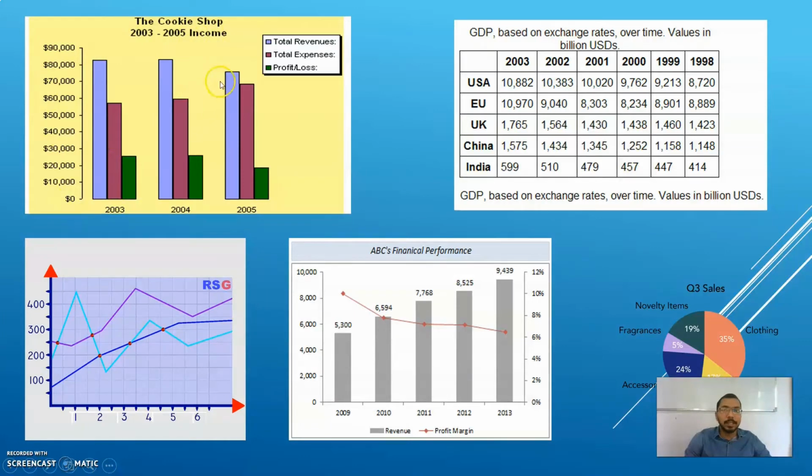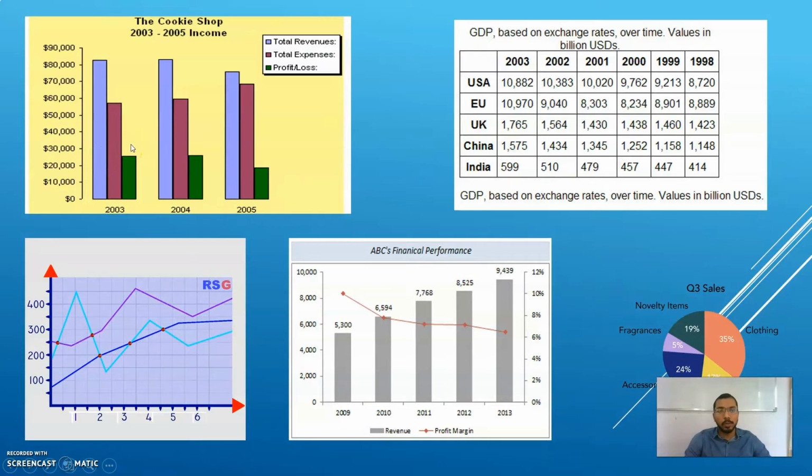So let's see. Total revenue for 2003 was somewhere around $82,000, out of which total expenses was somewhere around $58,000 and total profit or loss was $25,000.